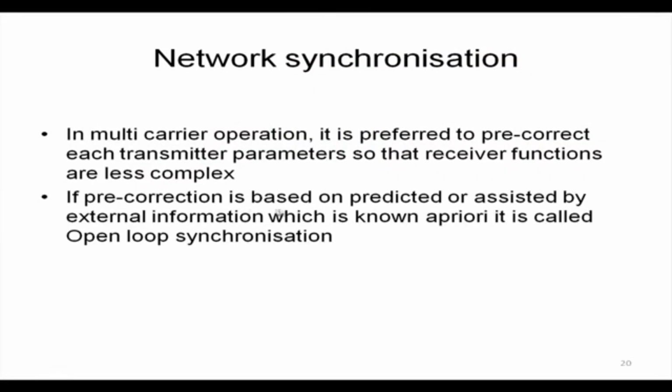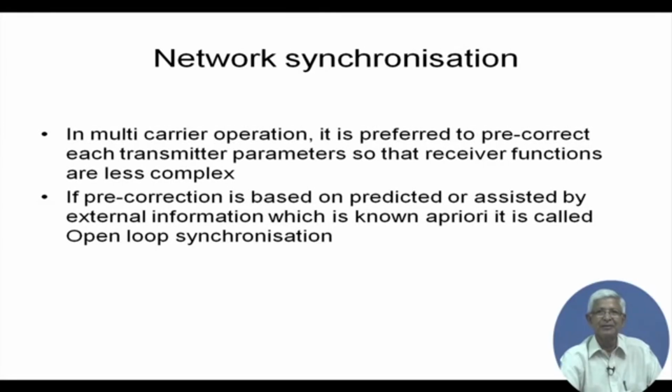The pre-correction can be done in various ways. It can be based on a predicted, that is modeled or calculated, way of knowing when it is supposed to reach there and at what frequency, or it could be assisted by some external information.